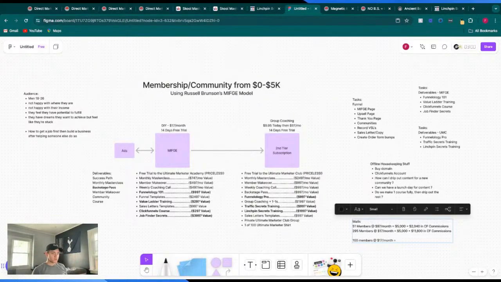So let's shoot for 100 members a month at 17, which is 1,700. Then we get a conversion rate, let's say 10, at 97 a month. That equals 10 times 97, 970.